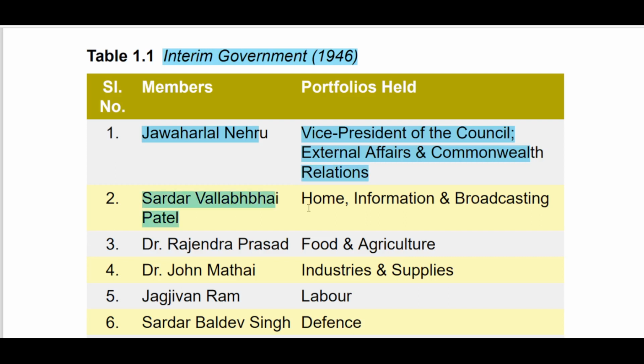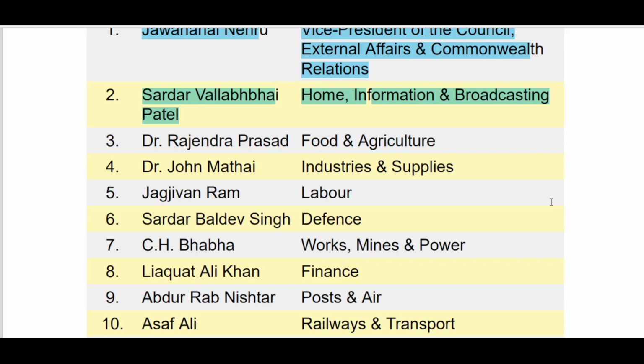This was the portfolio that was held by him. Second one was Sardar Vallabhbhai Patel, the Home, Information and Broadcasting Minister. Then third one was Dr. Rajendra Prasad, Food and Agriculture Minister.